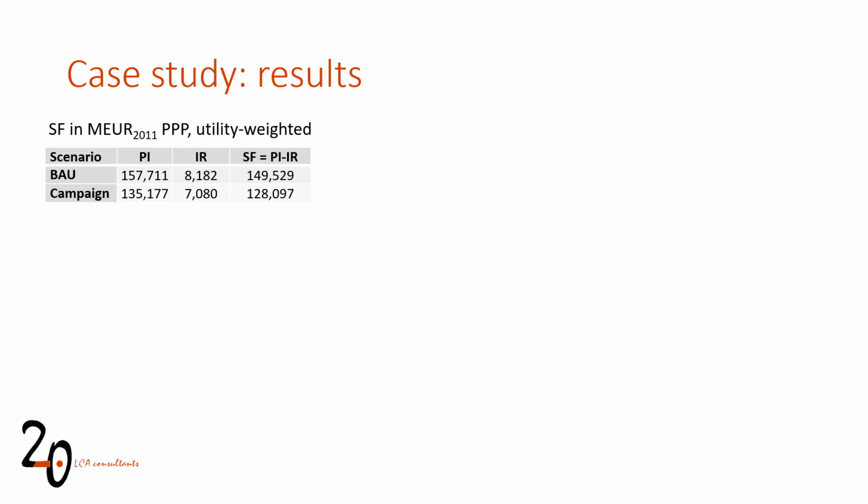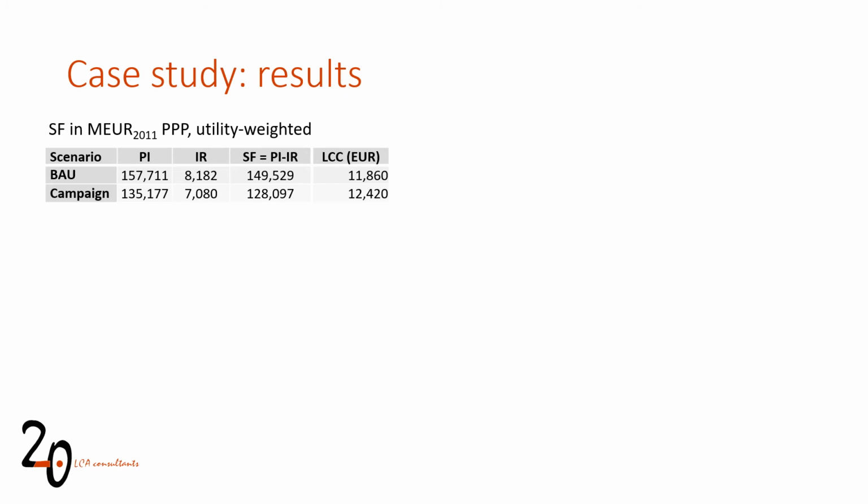In the table, you have the social footprint in million euro utility weighted. You can see that the social footprint for the campaign is a little lower, around 14%. With Exiobase, we can also see that the life cycle cost of the campaign is a little higher, which means we will have a rebound effect.